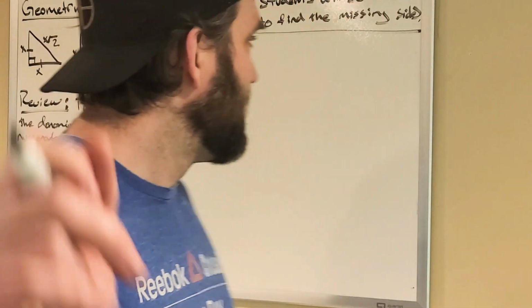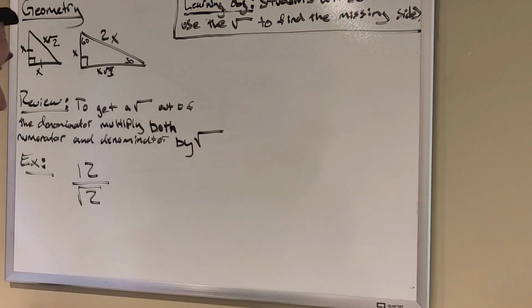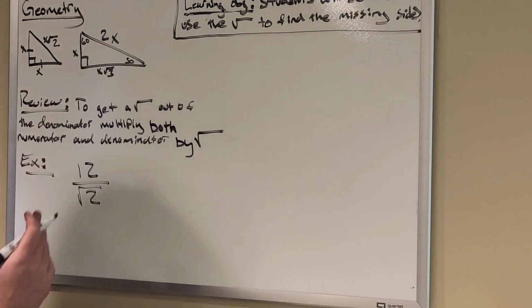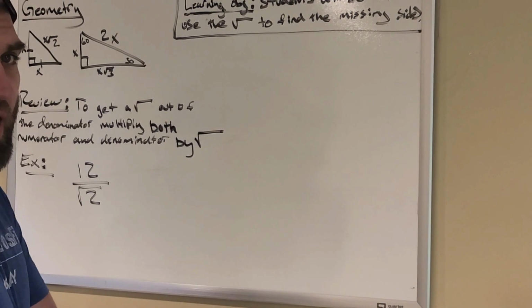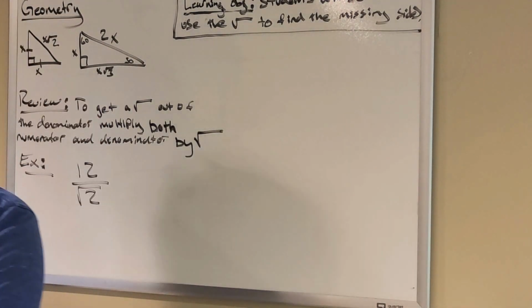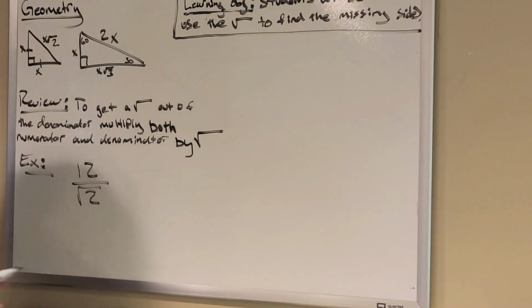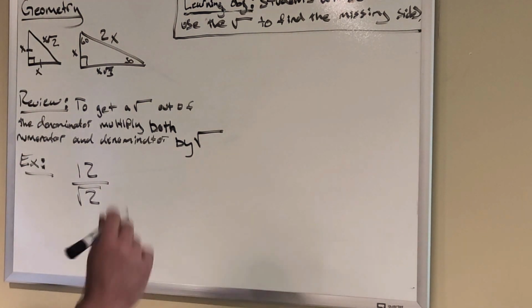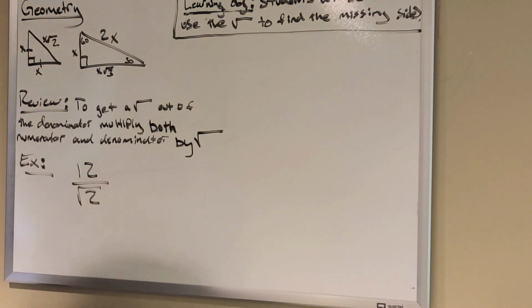All right. So yesterday we worked with 30-60-90s and 45-45-90s on just recognizing which triangle they were, based on the side lengths and the information given. Today, students will be able to use the radical to find the missing sides.